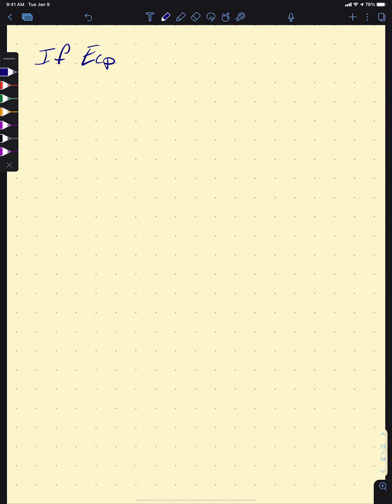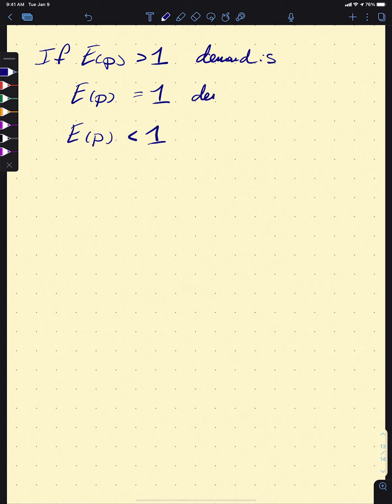So for E of P, there are three situations. We have E of P greater than 1, E of P equal to 1, and E of P, who would have guessed it, less than 1.